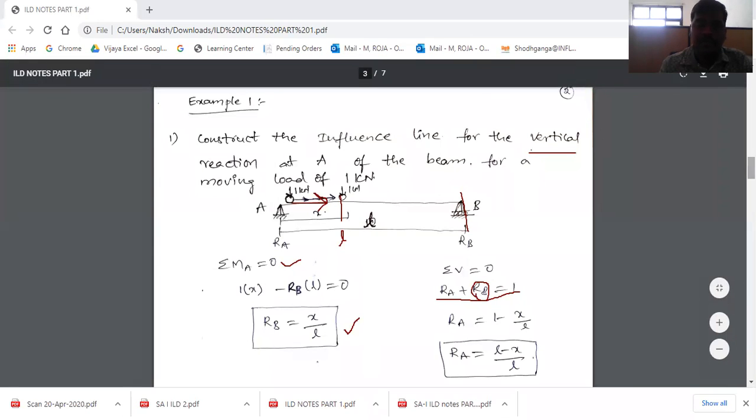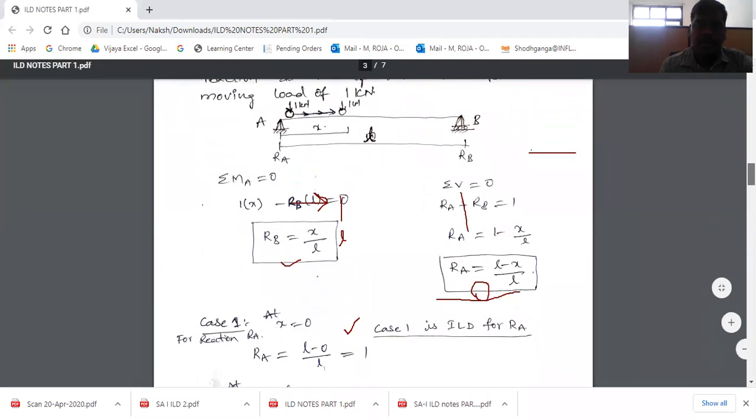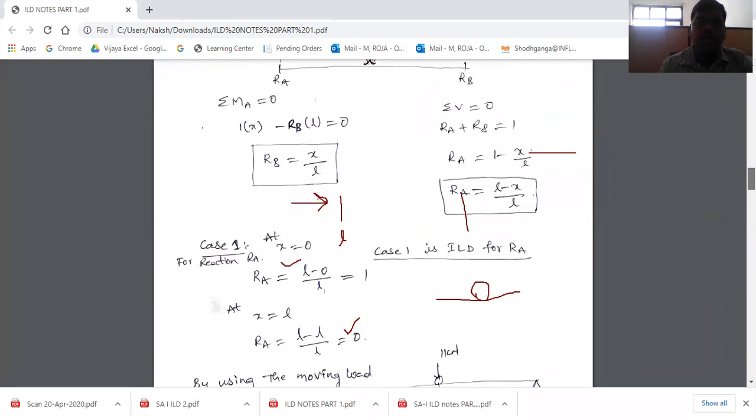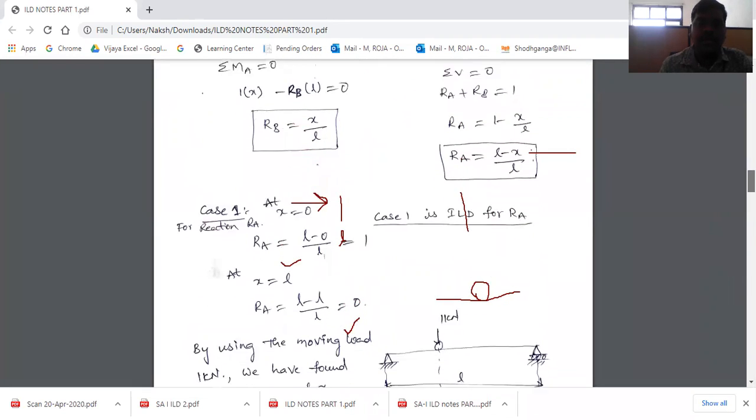Next. So now going to case 1, at x is equal to 0, that means this is for reaction RA.